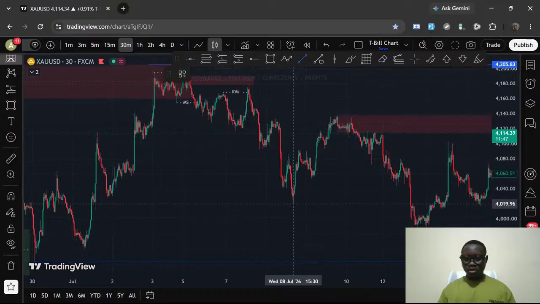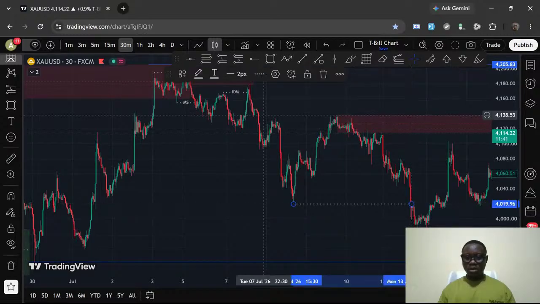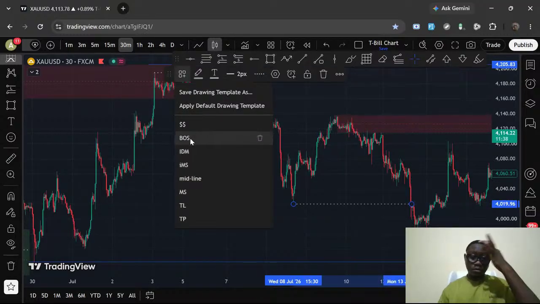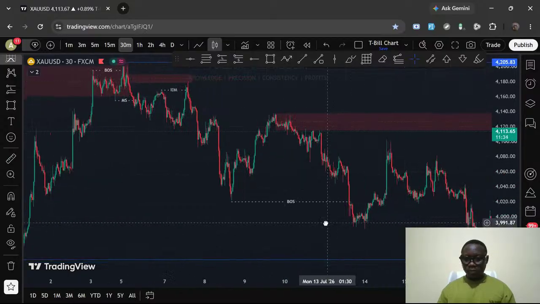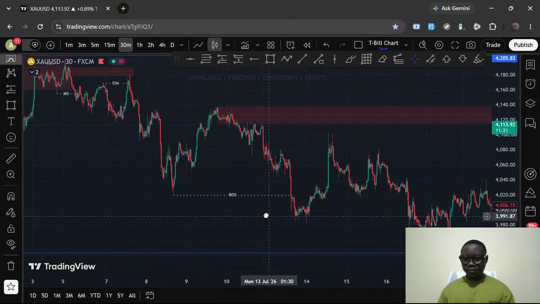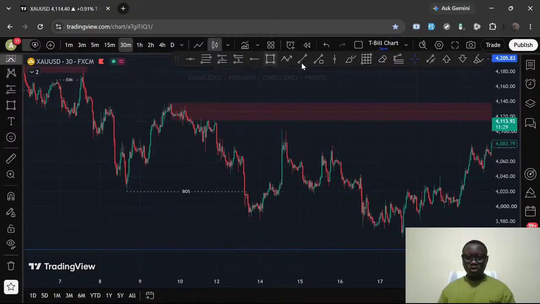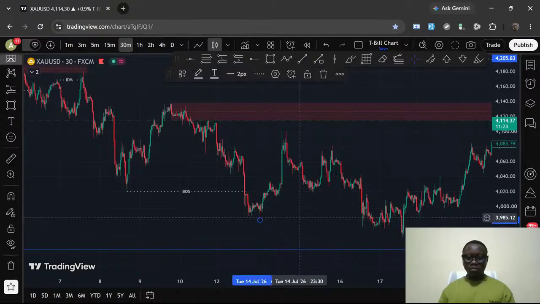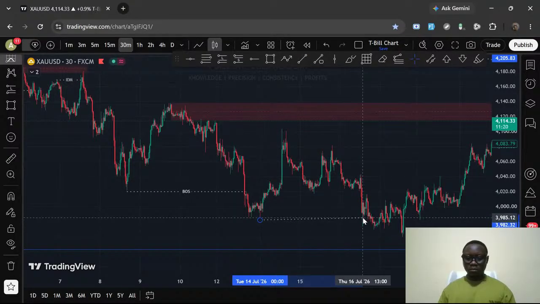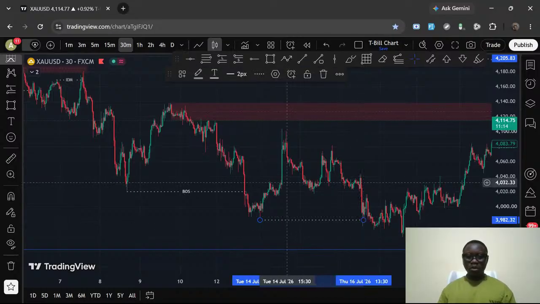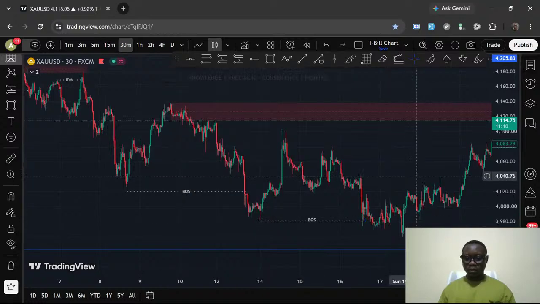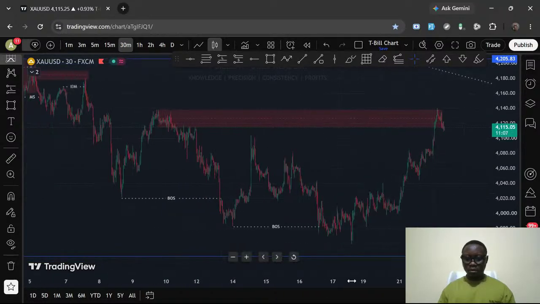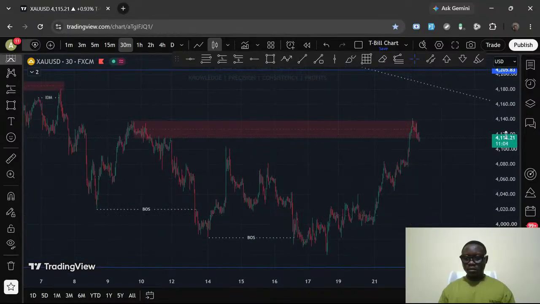So there's a break of structure to the downside. We also got this break of structure.